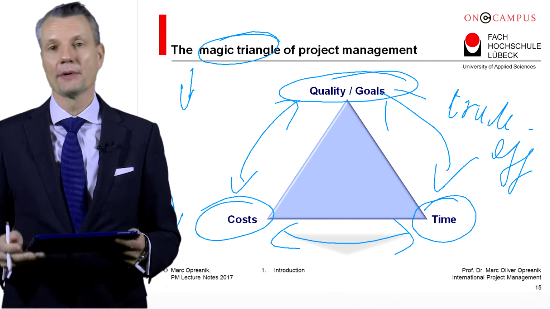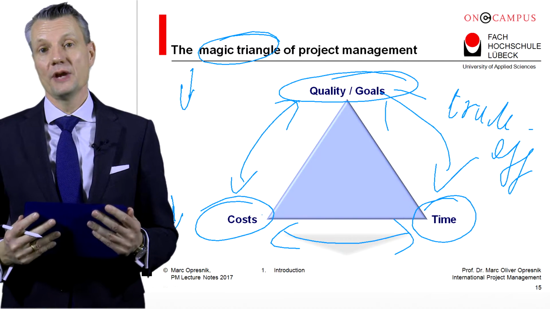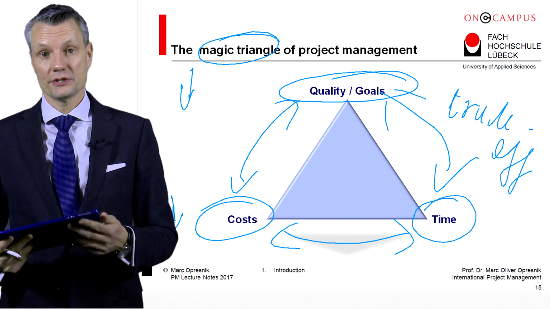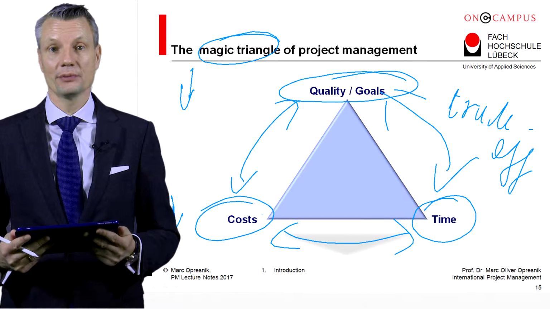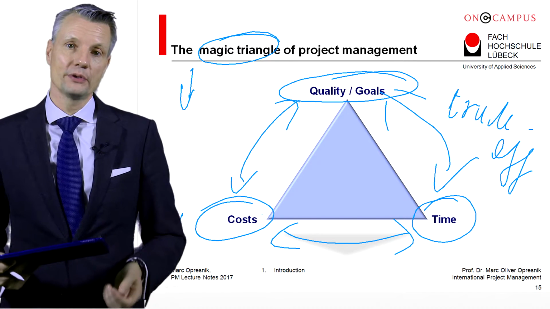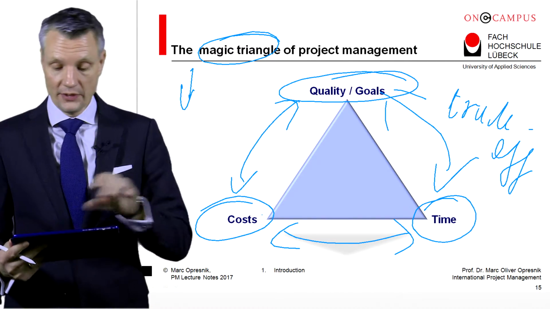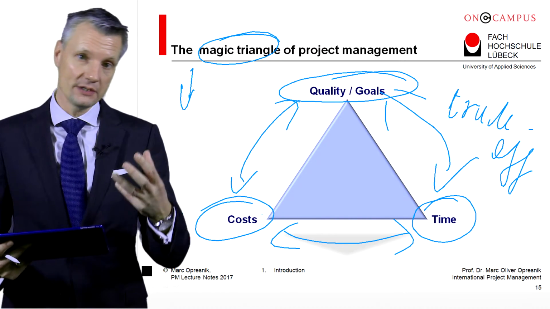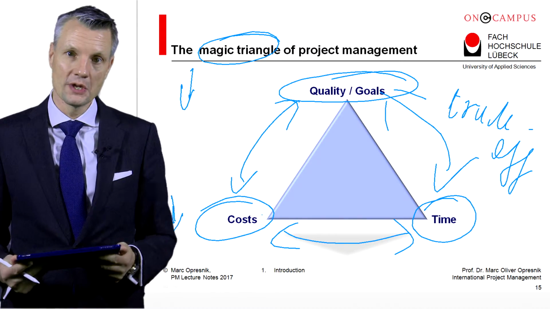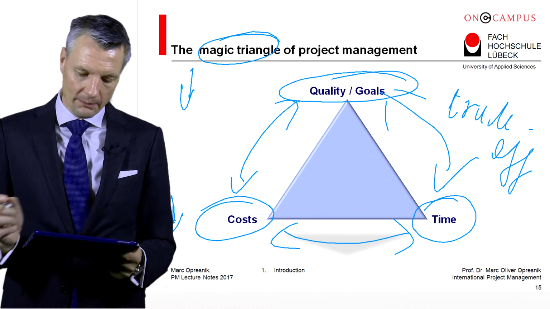It will not go up. Because, for example, if you have less money, less budget, less capex available, you cannot do, for example, a sophisticated marketing research in the framework of a project. And therefore the quality, so the reliability of a new product, of a new innovation may go down.